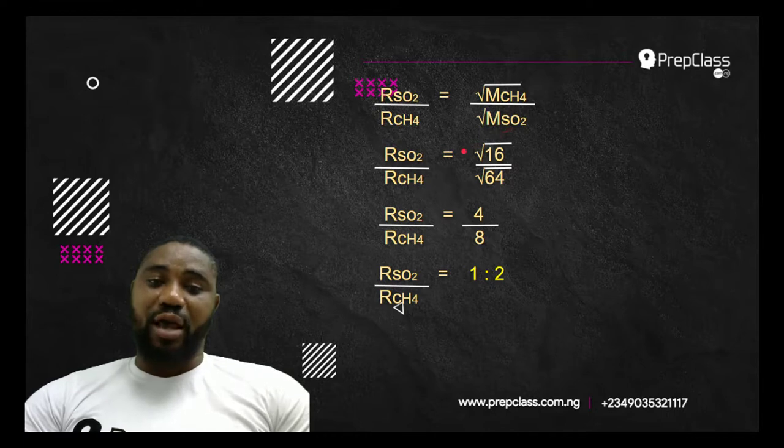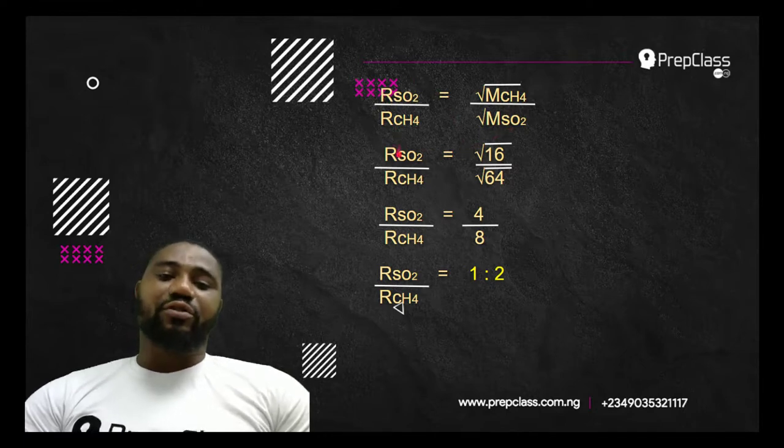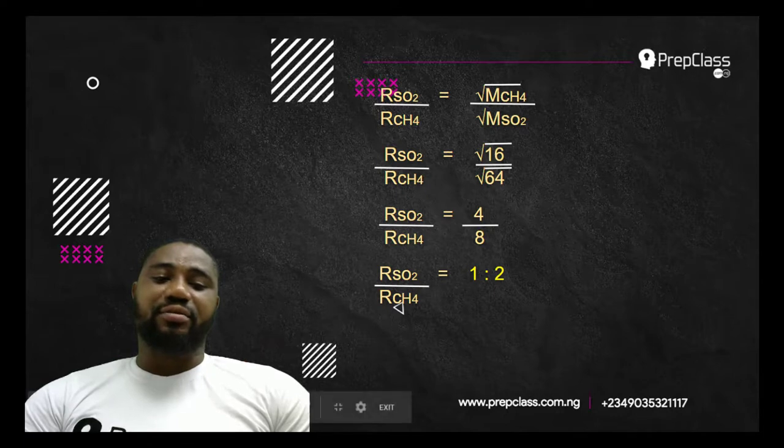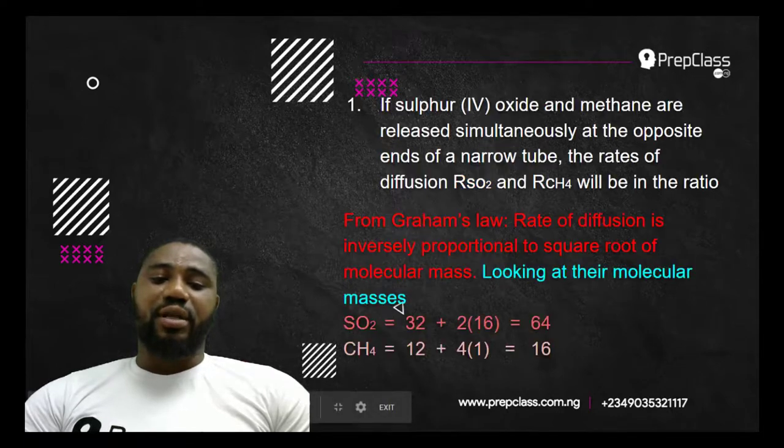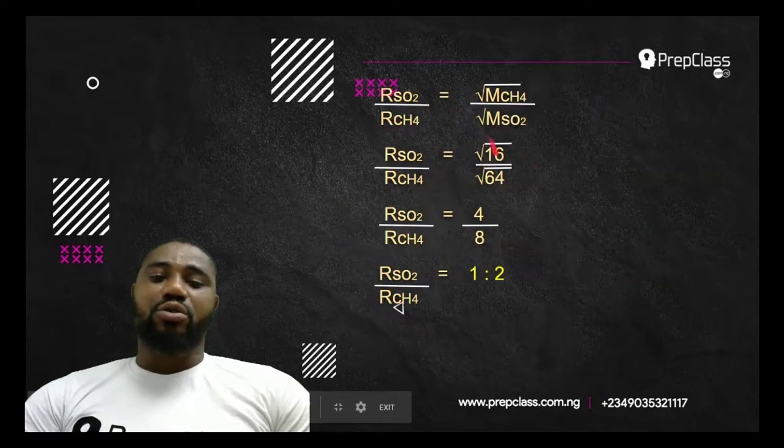That's how you do it. Methane, CH4, is 16, and sulfur oxide is 64. So that's 16 over 64. The square root of 16 is 4. The square root of 64 is 8.